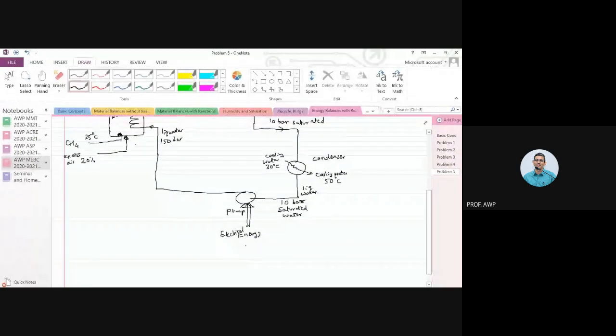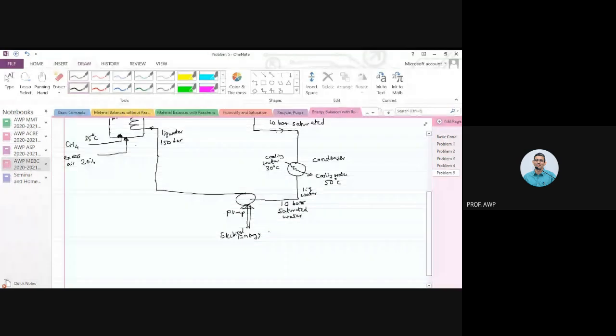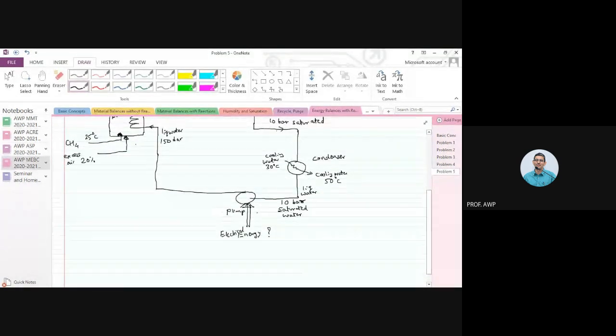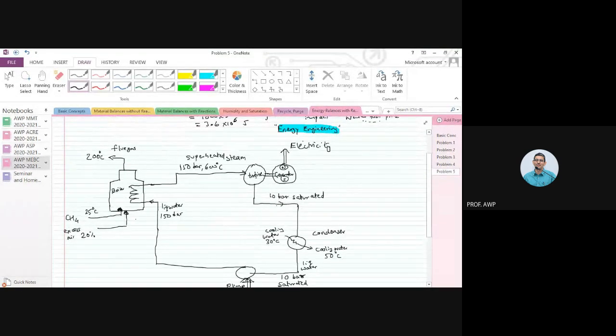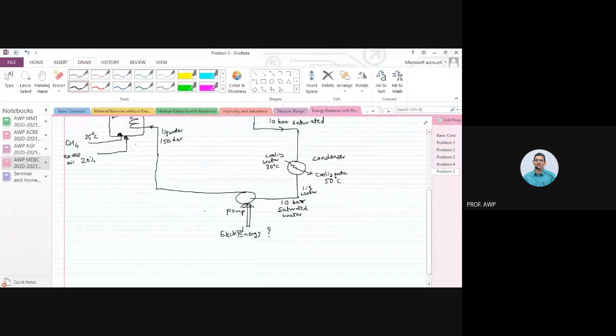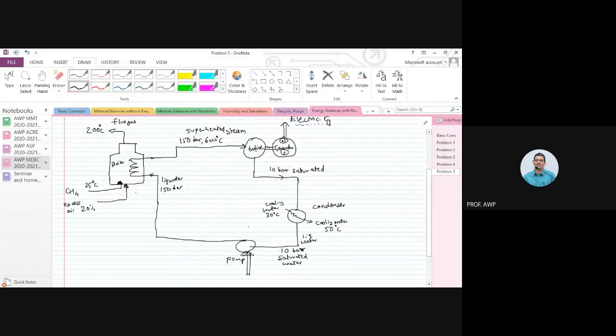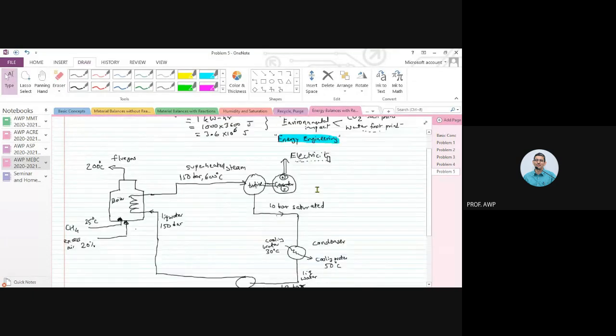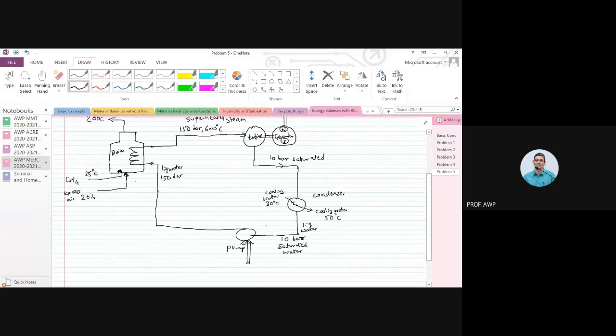We will calculate how much energy is required, but it will be much less than the electricity we are producing, and that's how the plant produces electricity. The amount of electrical energy needed for the pump is much lower than what has been produced in the plant, because there is an additional heat sink that we have used, which is at 30 degrees centigrade.